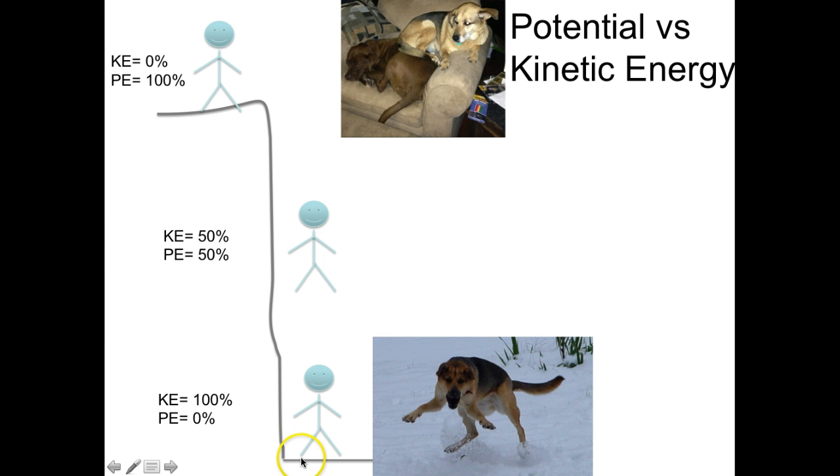And a split second before he lands on the ground, he now has 100% kinetic energy. There's pretty much no potential to fall any further, and he's all energy of motion. And the same thing with Molly after she jumped up to catch the snowball. She's just about to land, so she's all kinetic and no potential energy. And so these 2 can swap one for the other.